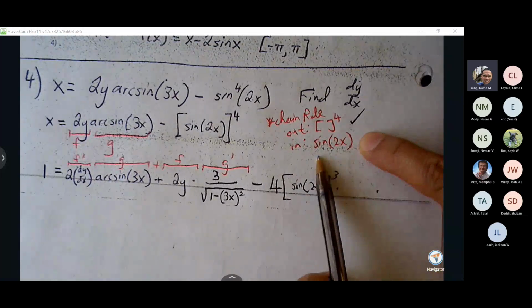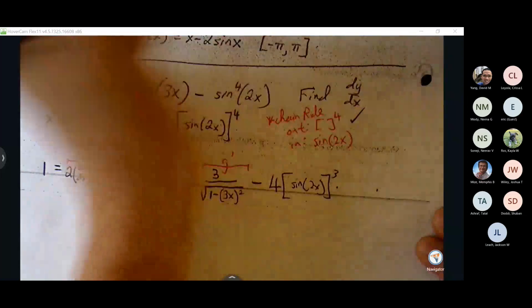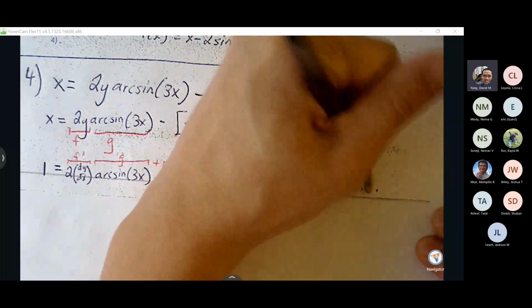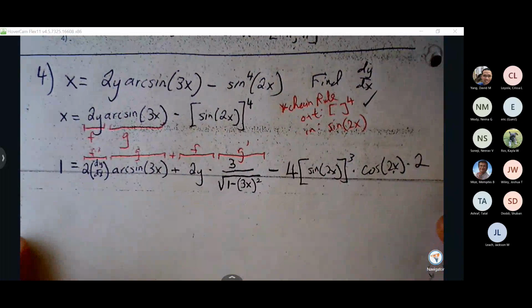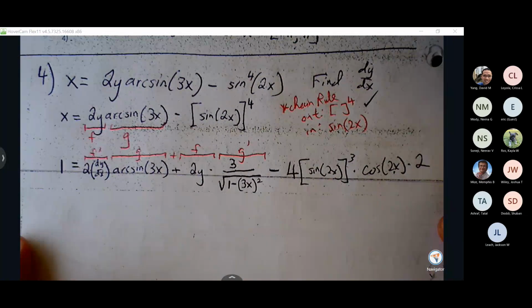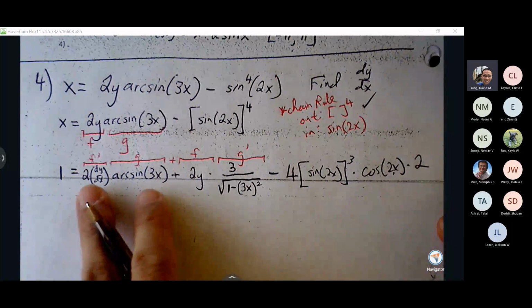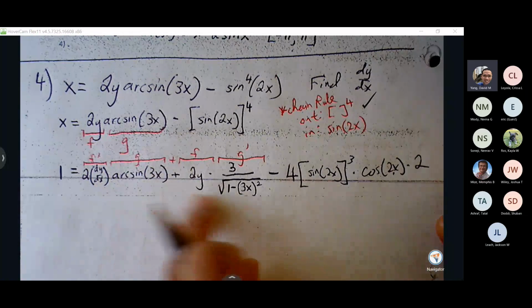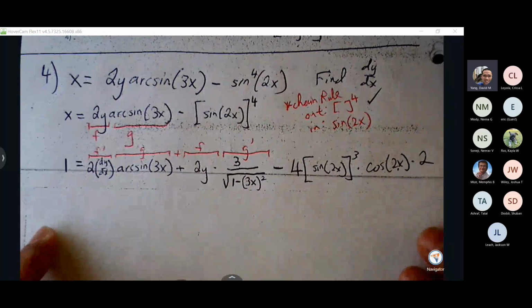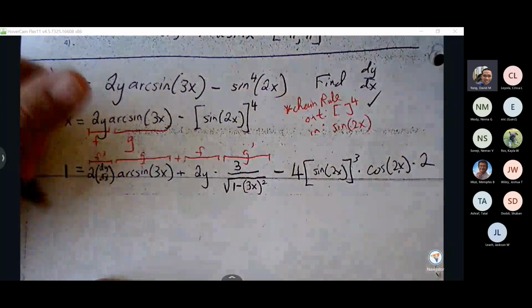Okay, sine of 2x becomes cosine of 2x times 2. Okay, so we just want to get this dy/dx by itself. So really just have to subtract this over, move the 1 over, kind of clean things up a little bit.